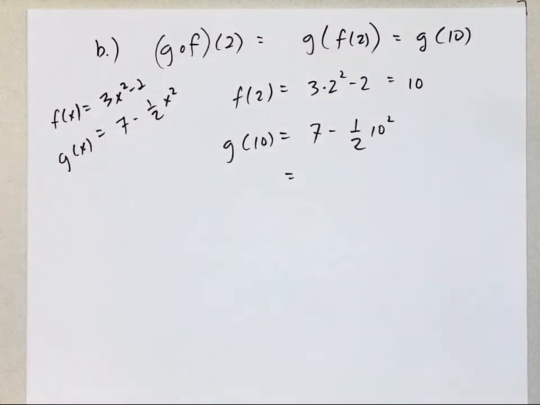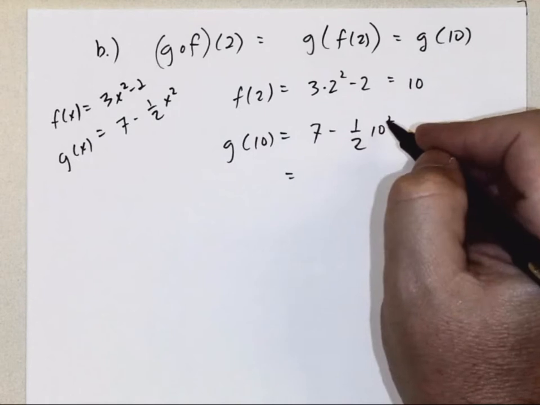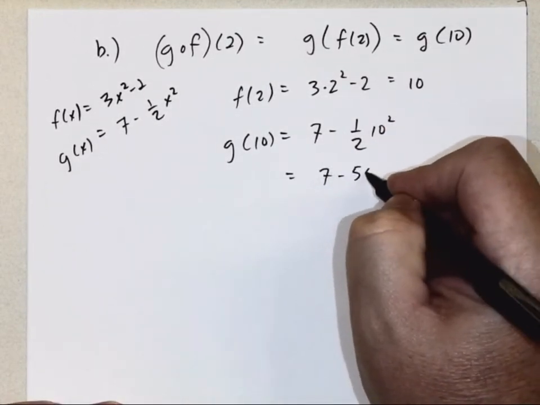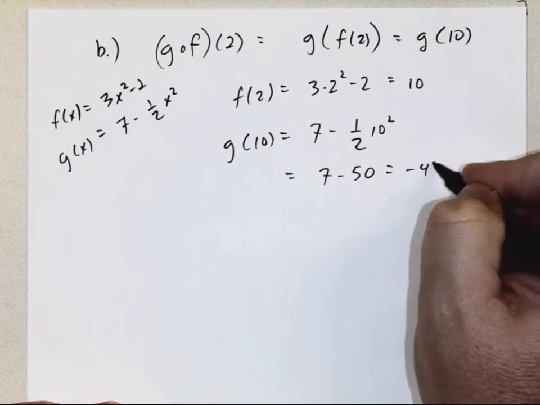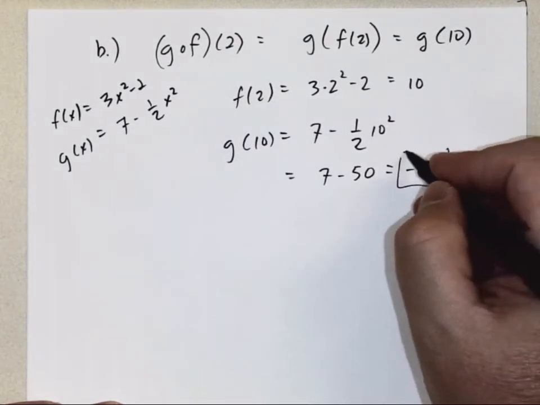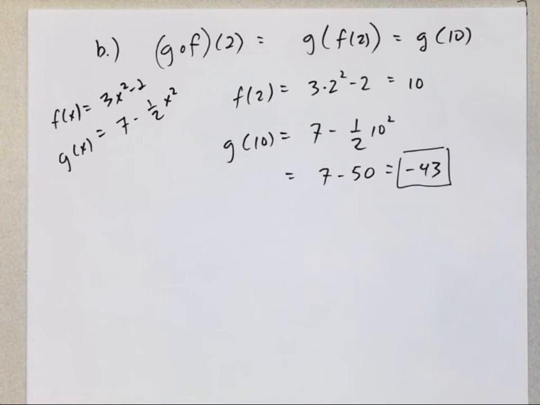And you follow order of operations to do the math correctly. You have 100 over 2, which is 50. There's the answer for part B.